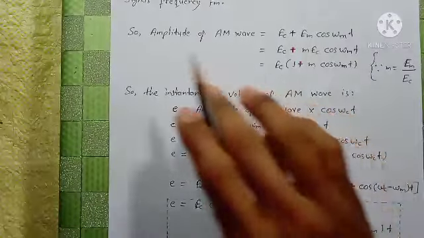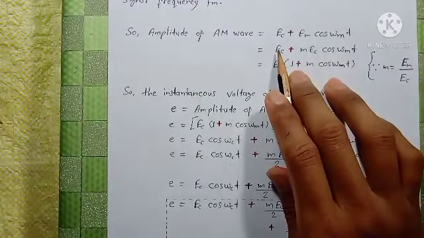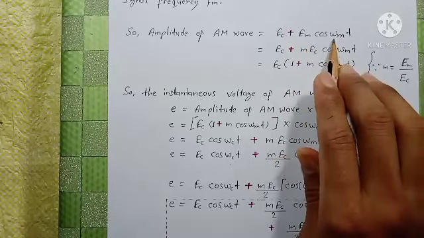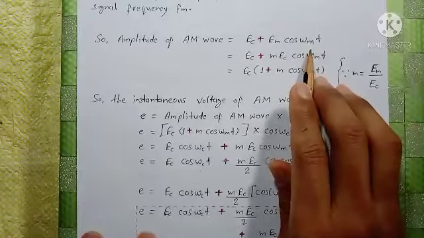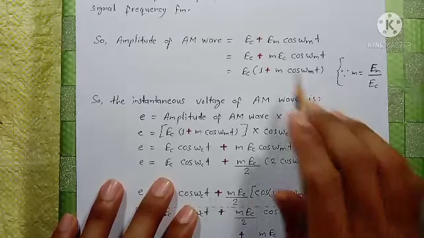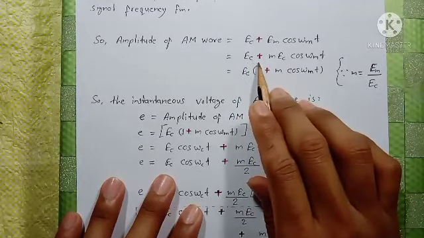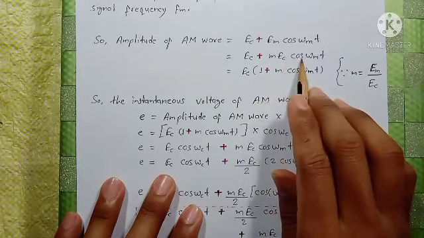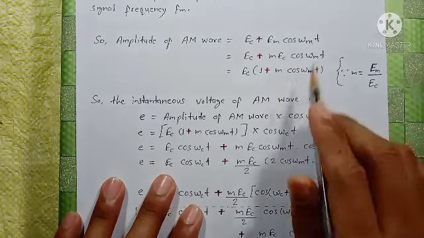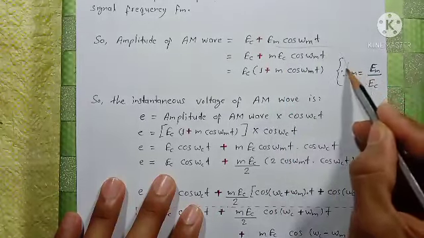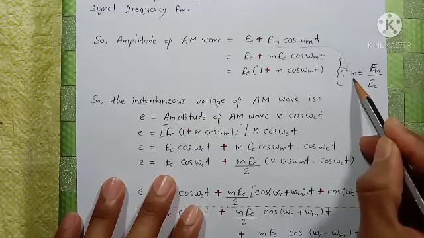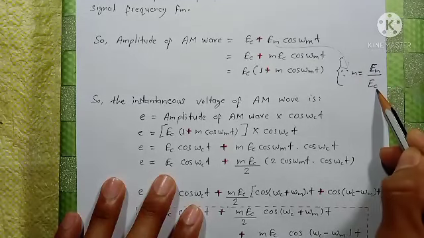So the amplitude of the AM wave is equal to Ec plus Em cos omega m t. We write it as Ec plus m Ec cos omega m t, because we know that m is equal to Em divided by Ec.